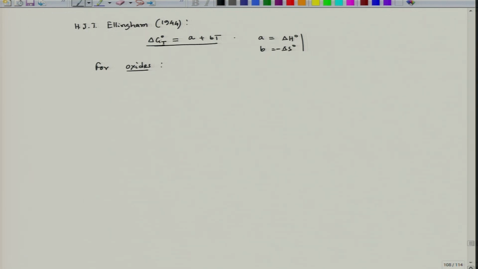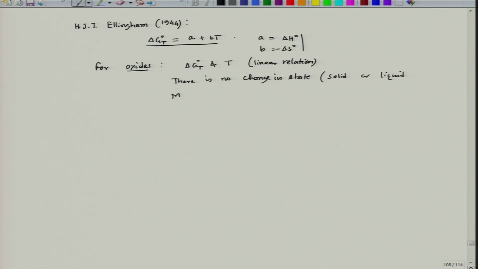So, del G naught T has a linear relation with temperature, provided there is no change in state. Change in state means that any species remains solid all the time or liquid all the time.